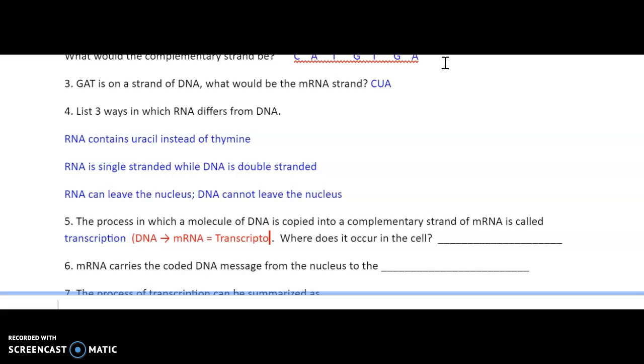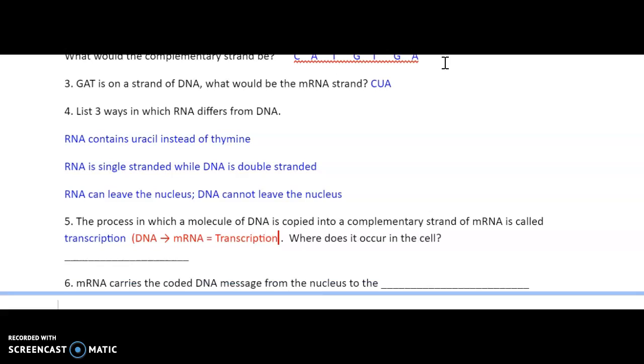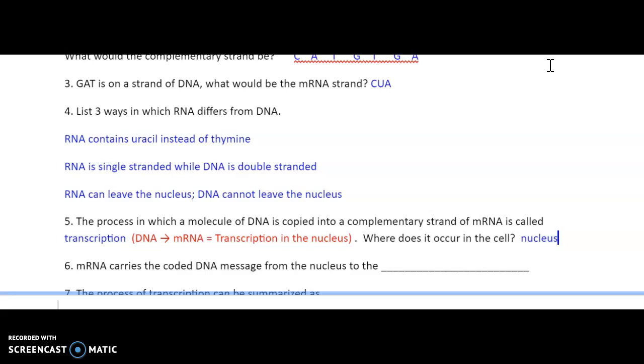And since the DNA cannot leave the nucleus, this is happening in the nucleus, which is also the answer to this blank. This occurs in the nucleus. Okay. So if we're making mRNA, it's transcription and it happens in the nucleus.